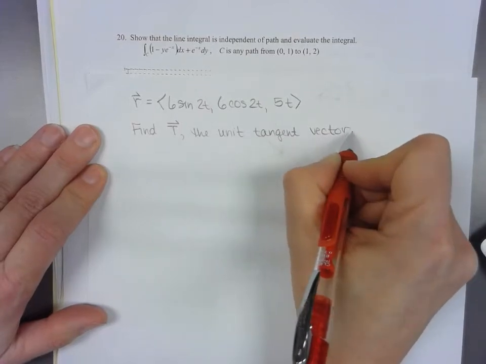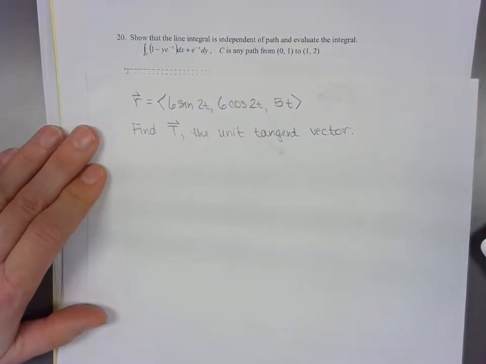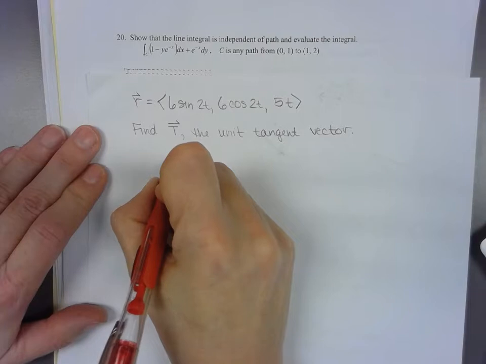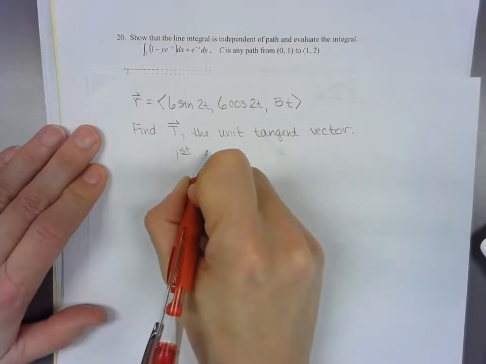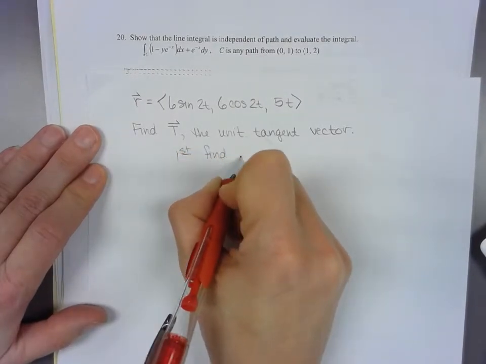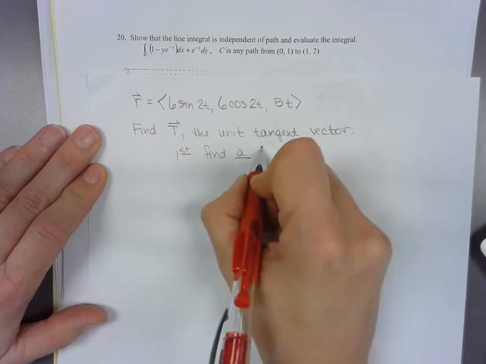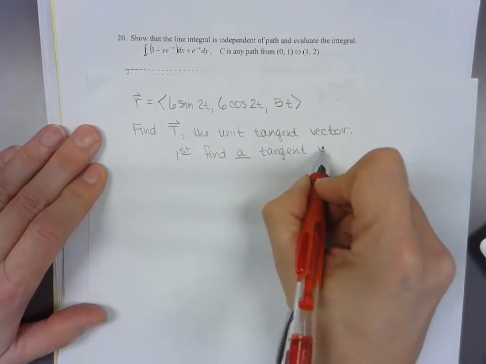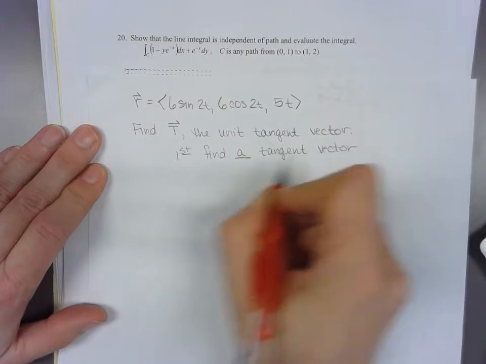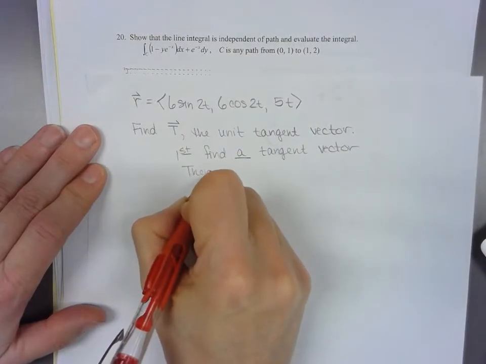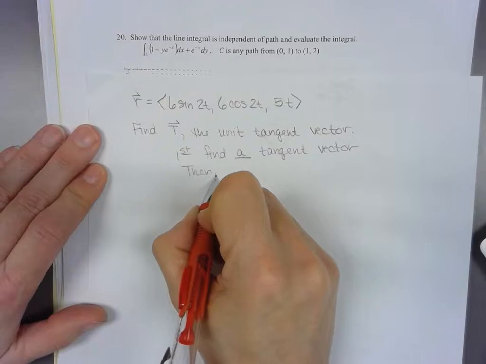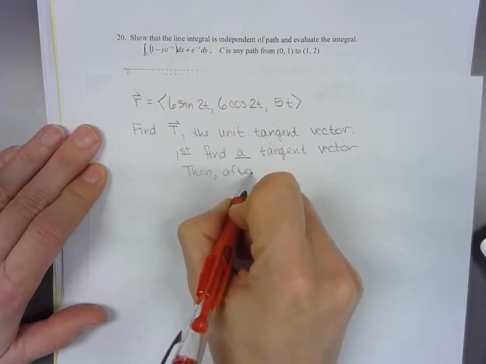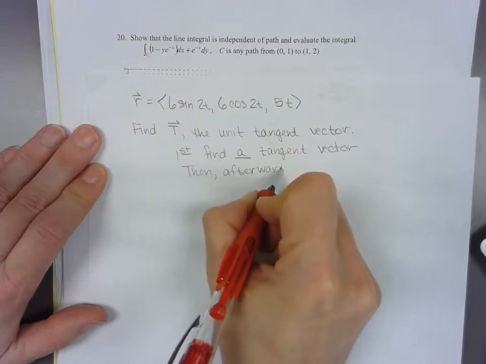Okay, so if I ever ask you to find the unit tangent vector, this is what you should do. First, just find a tangent vector. We just want something that's tangent. Then after you do that, turn it into a unit vector.